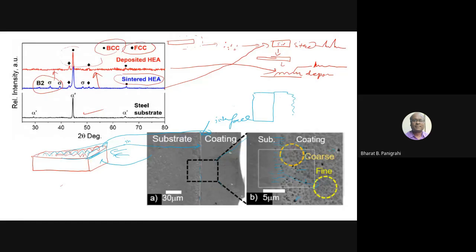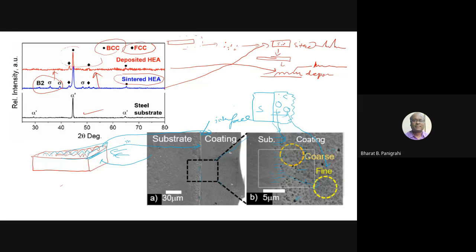This is your substrate, this is the coating. We are looking very close to the interface microstructure, and then a little away from it. You will see that when you move away from the interface, the microstructure changes, and this is probably because of the heat.